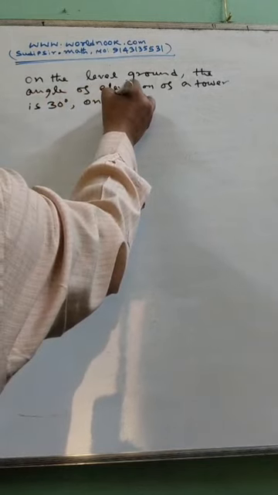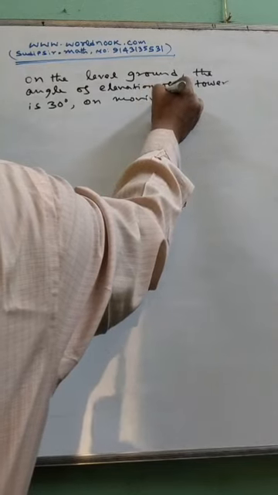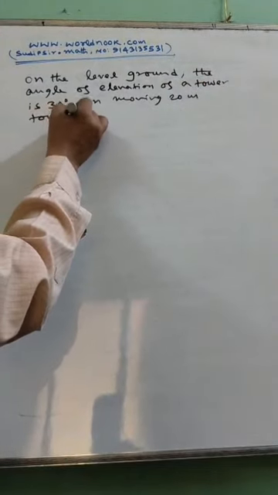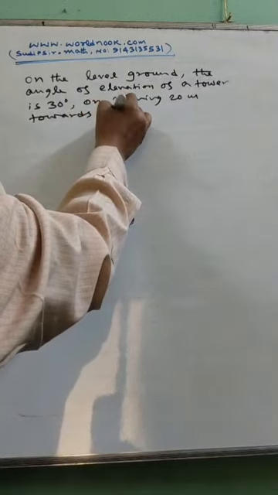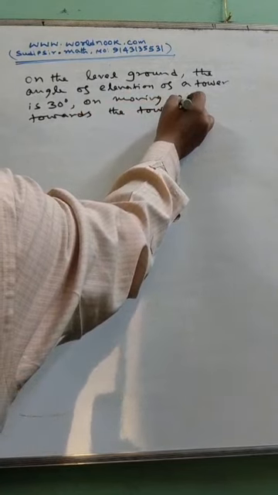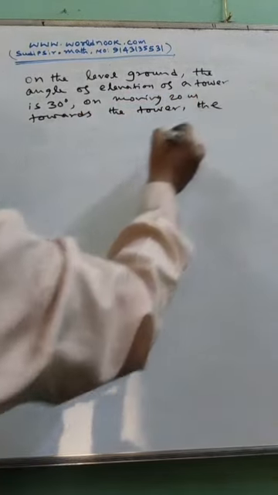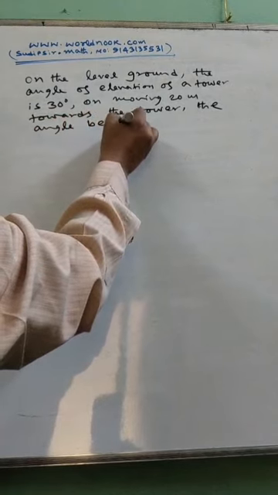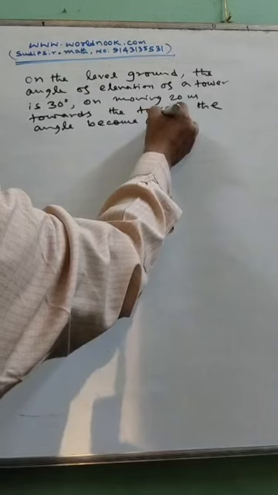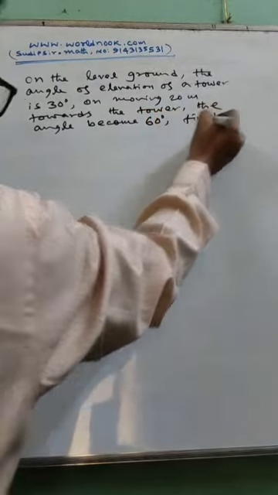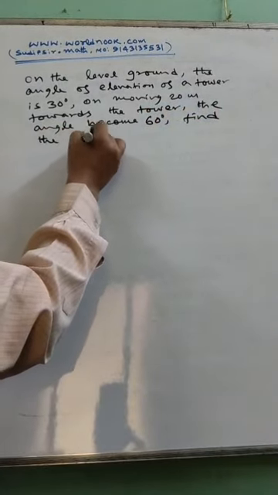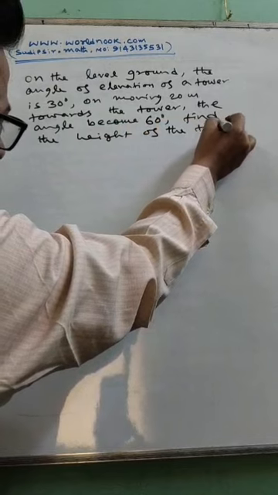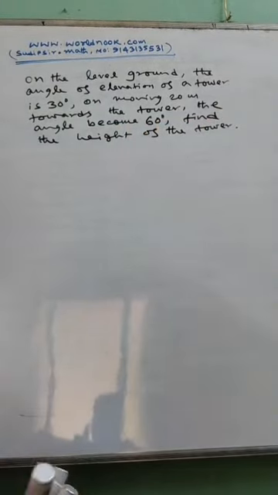On moving 20 meters towards the tower, the angle becomes 60 degrees. Find the height of the tower. This type of problem.